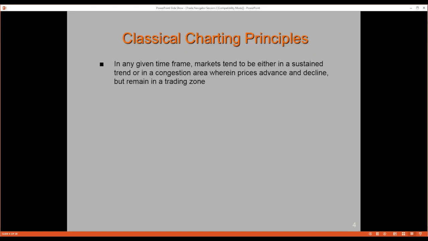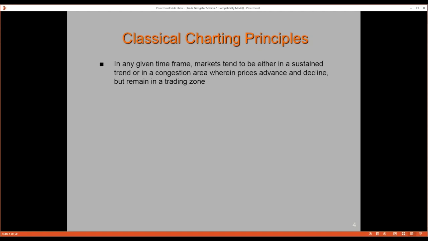And this trending versus congesting dilemma can really take place in any time frame. You can find it on monthly charts, on weekly charts, on daily charts, on intraday charts, and you can find in some cases that they're not all the same. You can see on a daily chart that a market may be trending, but on an hourly chart, you may find that it's a market in a trading range.